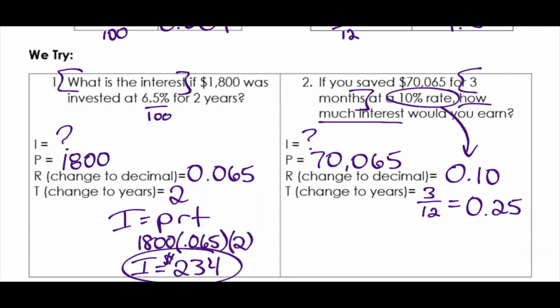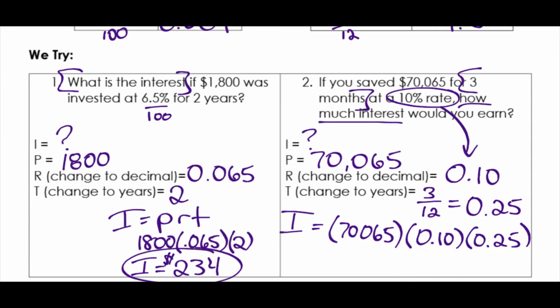So now we're going to plug those 3 numbers in. P times R times T. I equals P times R times the time, which is T, or 0.25. And now we get to multiply those together. And that gives us 1,751.625.